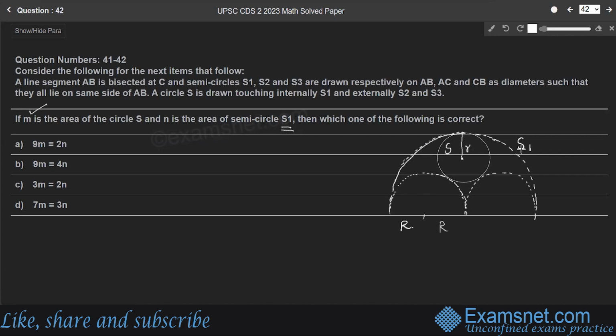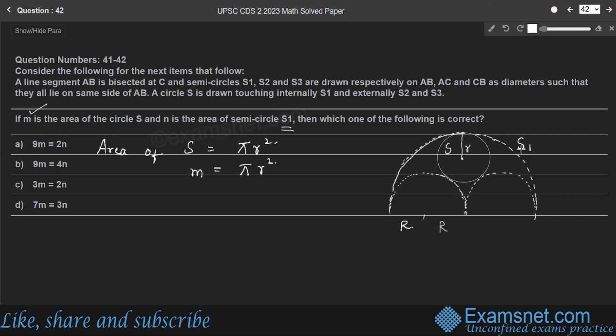So we'll consider the areas of the circle and the semicircle separately. According to the concept, the area of a circle is pi into the square of its radius, pi r square. So M, the area of the circle, is equal to pi r square.